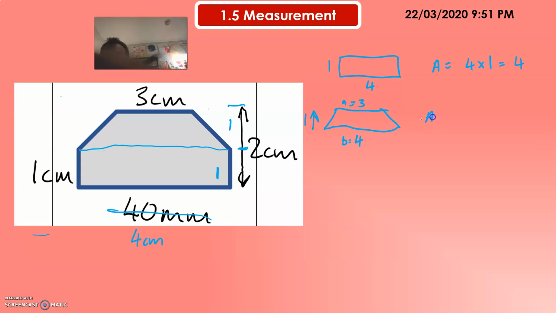So the area is equal to (3 plus 4) divided by 2 times 1, which is equal to 3.5 in total. So it means the total area is equal to 3.5 plus 4, which is equal to 7.5 centimeters squared.